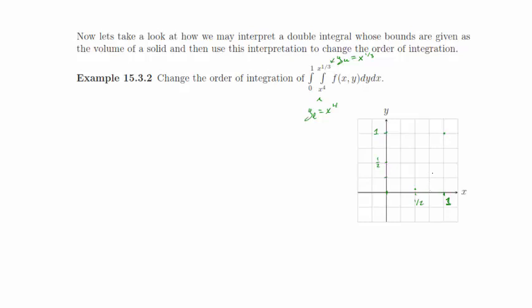If I plug in 3/4, I would get 81 over 256, which is a little bit above 1/4, and then 1, 1. And this will be symmetrical about the y-axis.